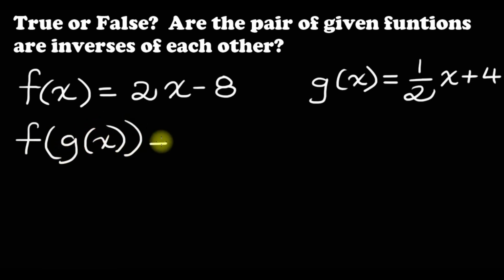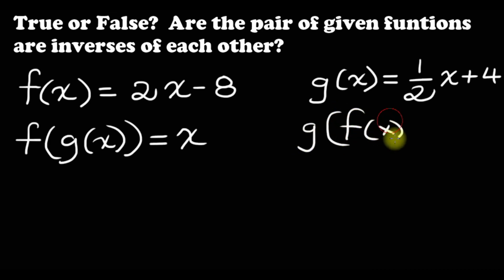Okay, so if that comes out to x, you have to continue to show g of f of x. Now, if that also comes out to x, so if this is true, then you can say that these two functions are inverses of each other.